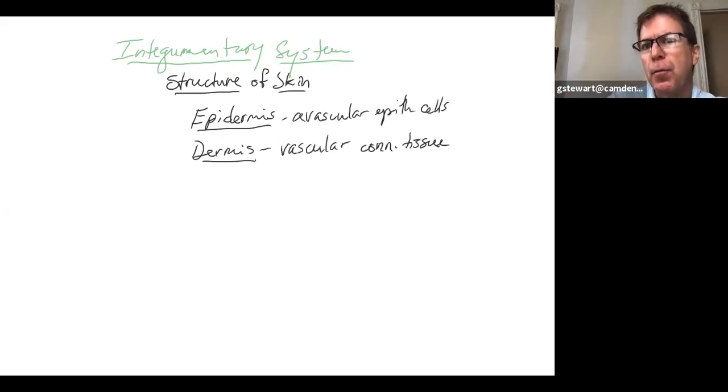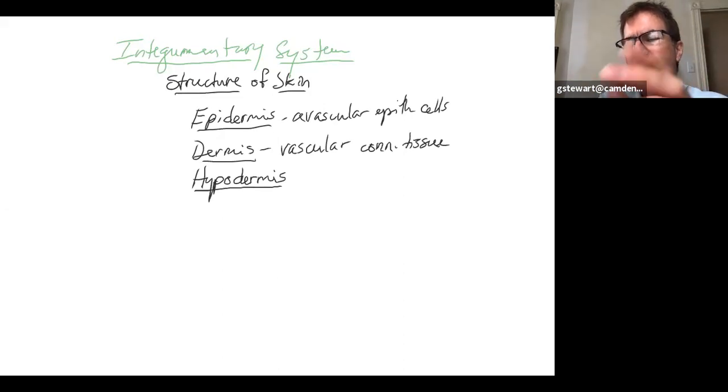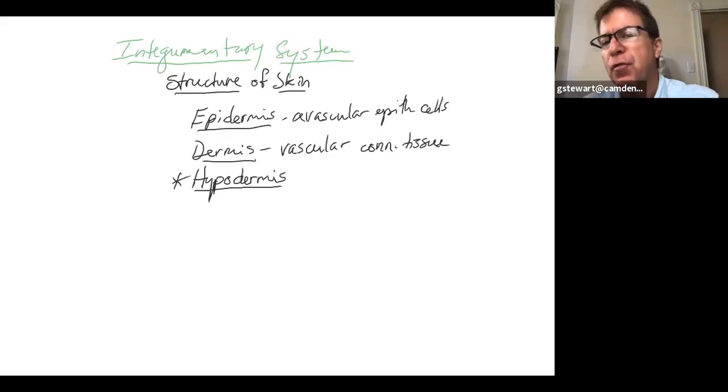This term, just to remind you, hypodermis is also called the subcutaneum or subcutaneous layer. This means below the skin, so it's not part of the skin. So if you were to be asked, true or false, hypodermis is the deepest layer of the skin, make sure you say false because it's technically not part of the skin.